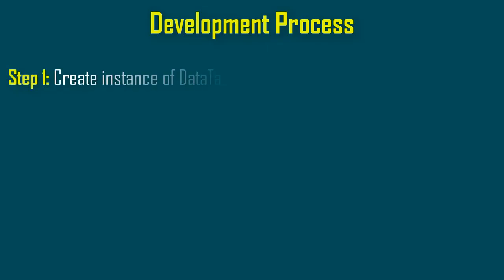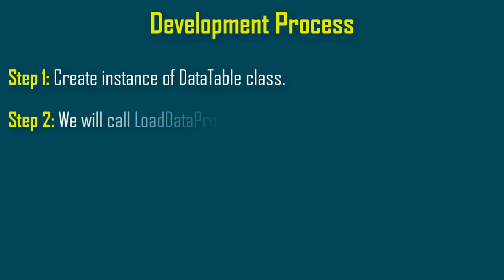In the first step, we want to create an instance of the DataTable class, because the DataTable class presents data in tabular form. Thereafter, we will use the loadDataProcedureExecutor method, because this method is responsible to get all the data from SQL Server database. Whenever we get data from SQL Server database, we will assign this data into the data table object.